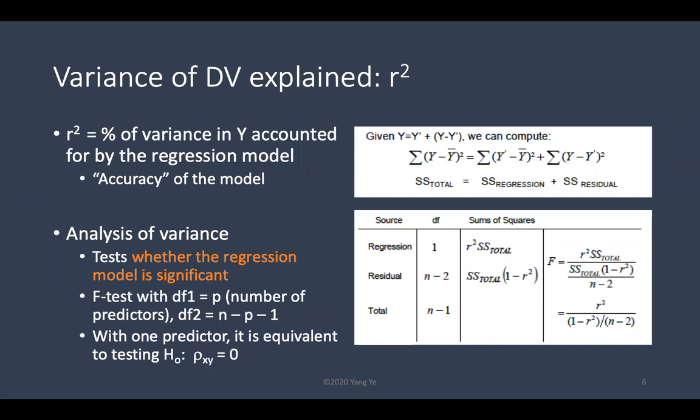The analysis of variance can be used in the F-test to test whether the regression model is significant, that is, whether the regression model can significantly predict the dependent variable. If it's a single predictor, it's basically testing whether R is different from 0. So it's equivalent to a t-test of whether Rxy is different from 0. So this F-test.